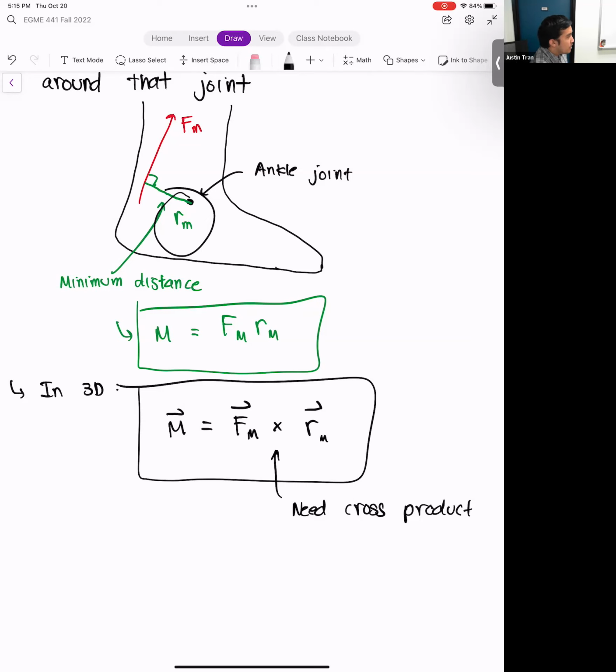And it actually gets you a pretty good idea in terms of what the moment arm is. But unfortunately, we are out of time. And so, you're going to have to tune in to the next episode of EGME 441, which is going to be on Tuesday. We'll go over that on Tuesday. But you'll see it's actually pretty clever in terms of how we can compute that without any kind of internal measurements. All right, so before we wrap up today, are there any final questions?